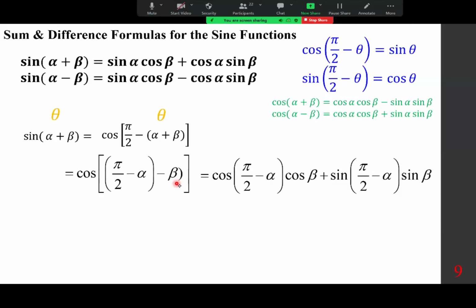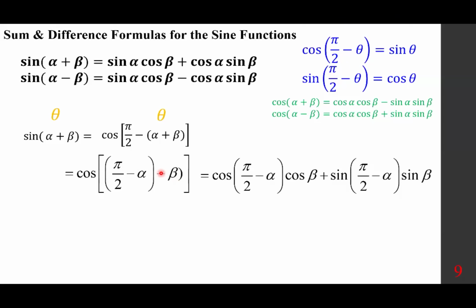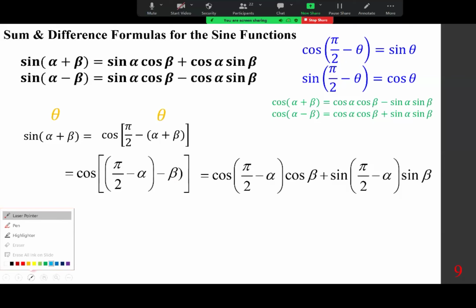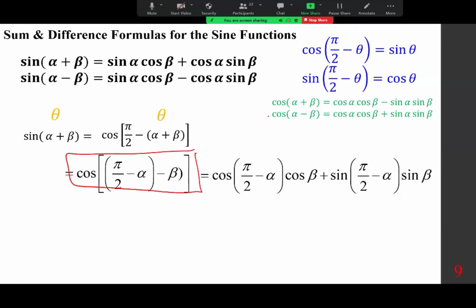So one more time. We are using cosine of alpha minus beta, which in this case, the alpha has been replaced by pi over 2 minus alpha. All right, now we go to the top here and we recognize that cosine of pi over 2 minus alpha is what?